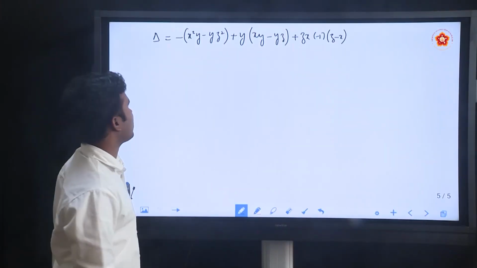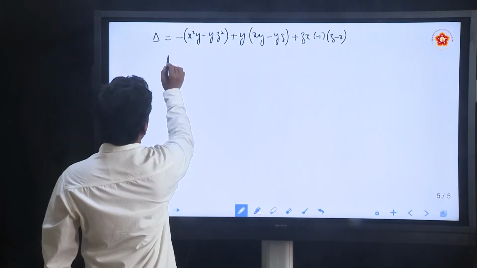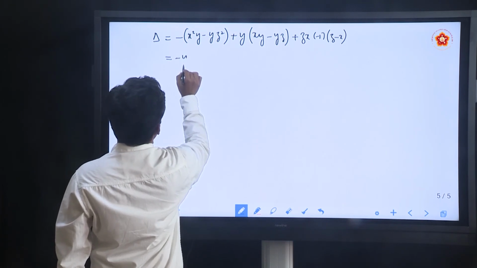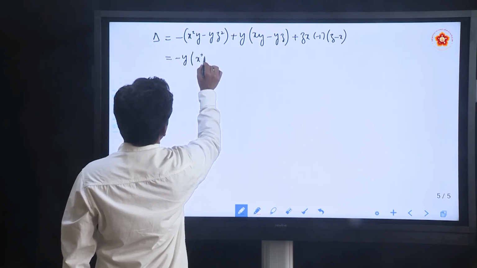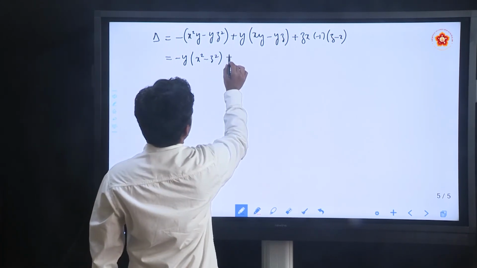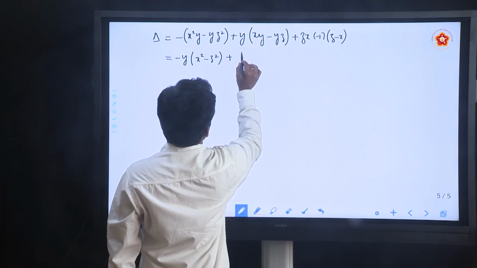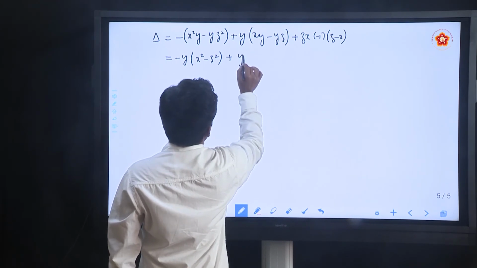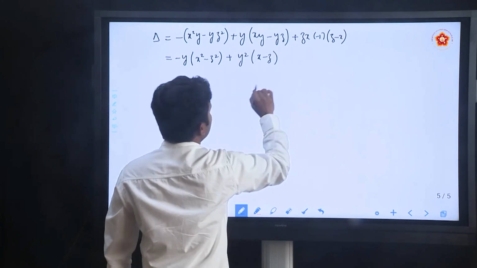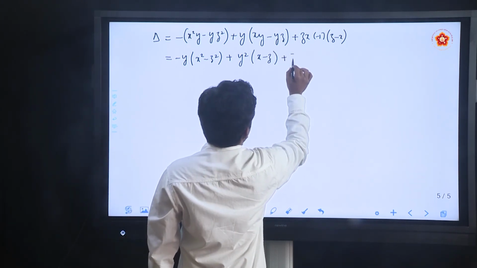Now, we can simplify this. Here y is common, you can take y. What you are left with is x square minus z square, plus, here y is common, so if you take y outside, it will become y into y square x minus z plus zx.